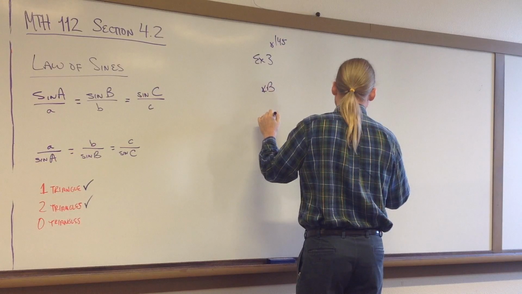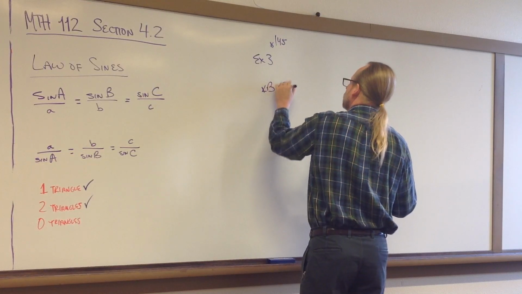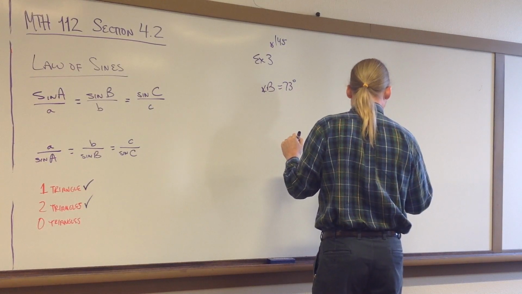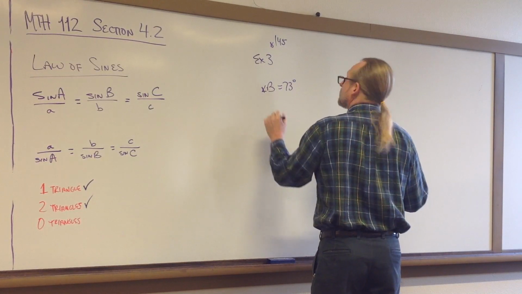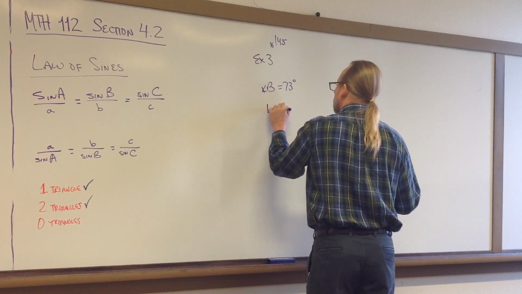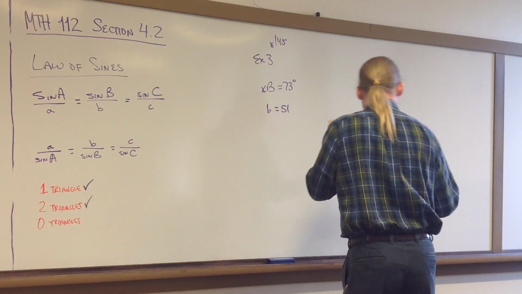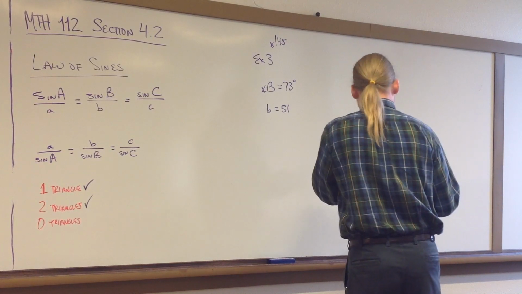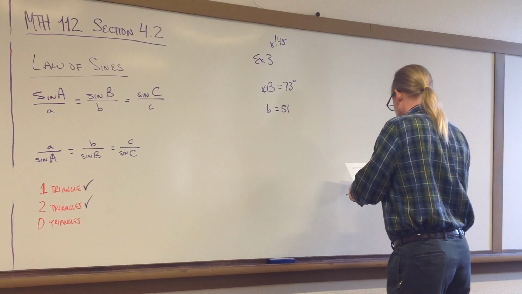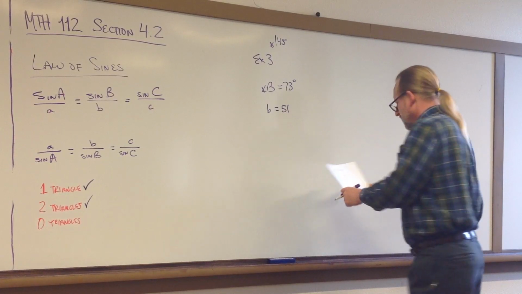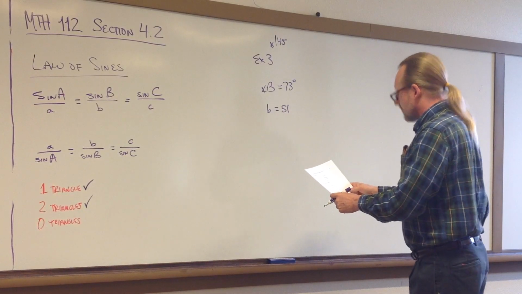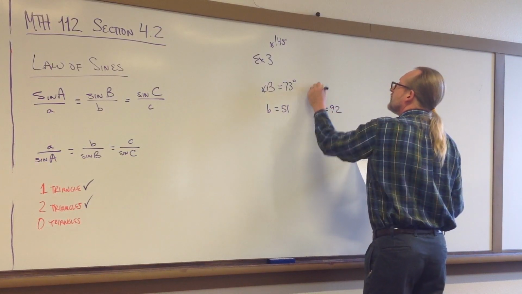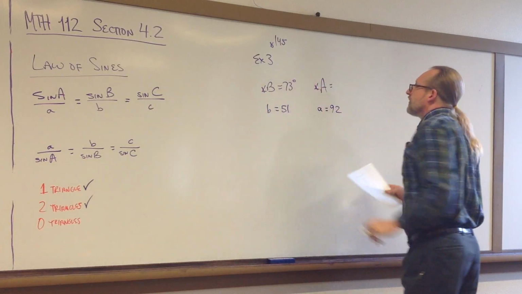We've got angle B at 73 degrees and side B at length of 51. Let's see here. All right. What else? Side A equal to 92. Angle A, we don't know yet.